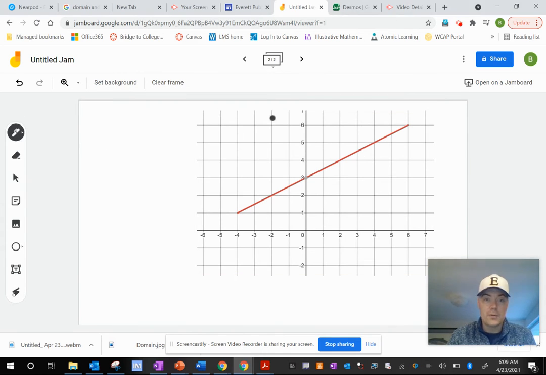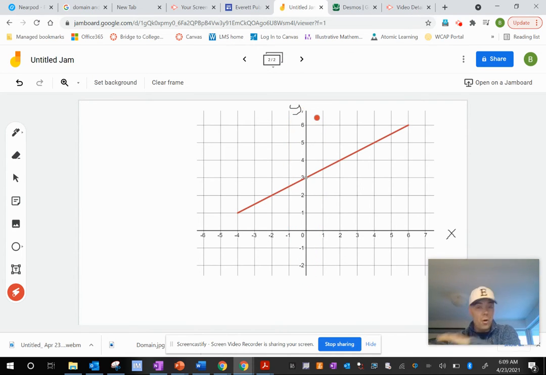Now remember what I was saying, these are the y values over here, and these are the x values over here. X are almost always our inputs, and y's are almost always our outputs. Just funny math words for kind of meaning the same thing. Okay, so we're talking about these values of our function.